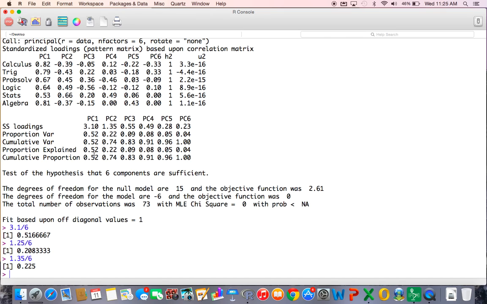So when I look at the eigenvalues here, 3.1 and 1.35, we get into principal component number 3, which is less than 1. It looks like to me right now that we have a 2-factor model.